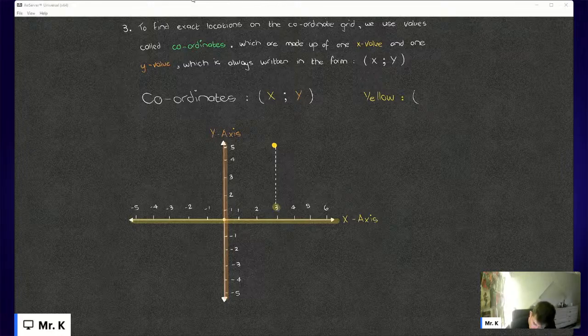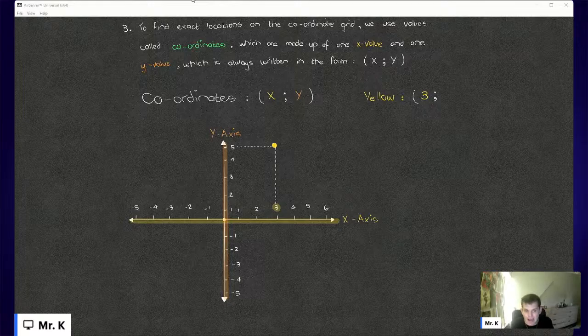There's my x value, the number 3. So I can go and write positive 3 down into my brackets and then write my semicolon. Then after I have my x value, I need my y value. So I'm going to line my dot up with the y-axis, grade 7s. And when I do this, we can see that we line up with the number 5. Right over here, we line up with a y value of 5.